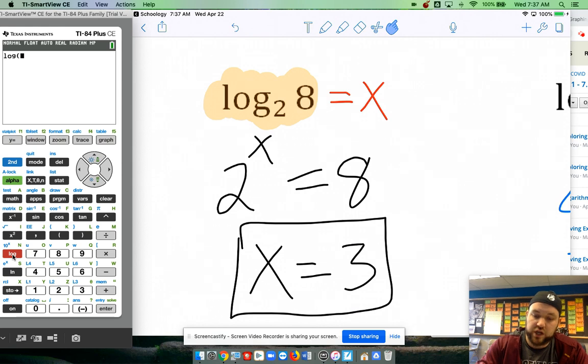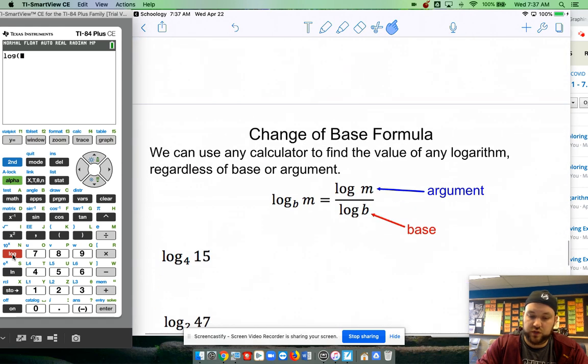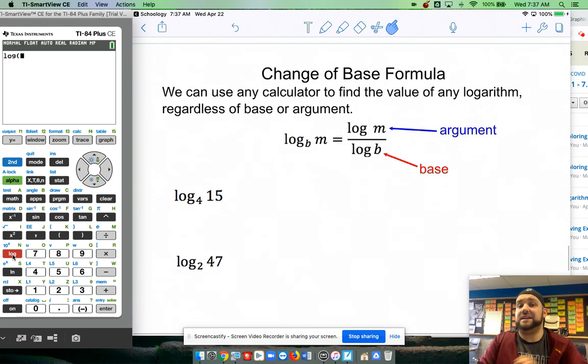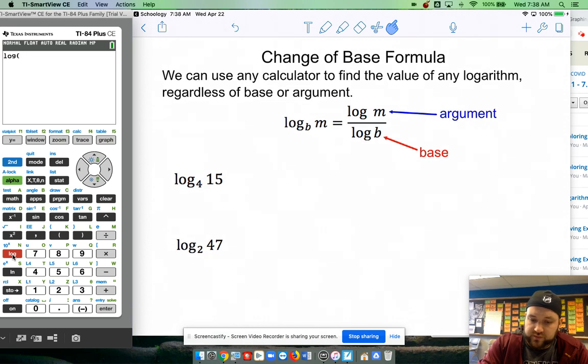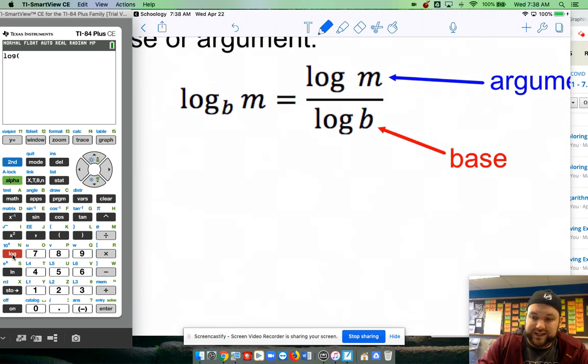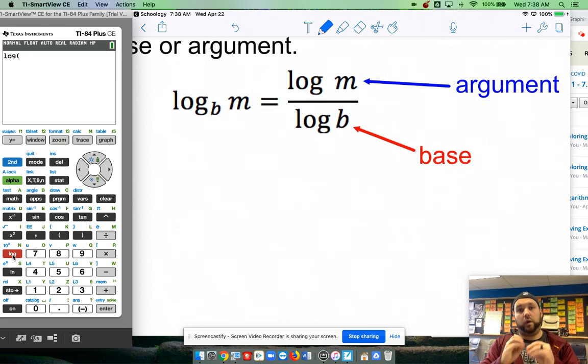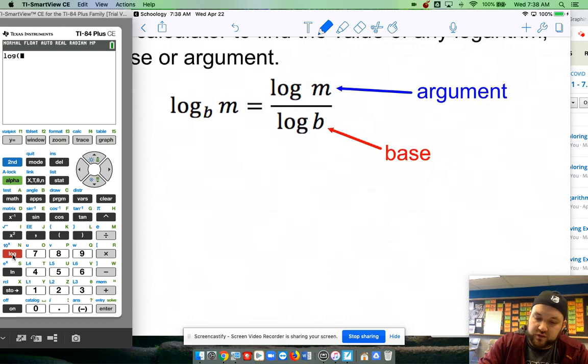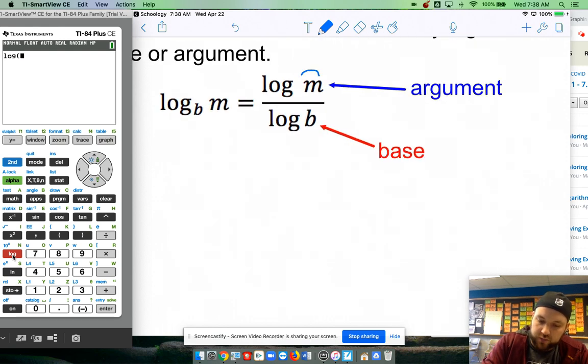So what the change of base formula allows us to do is it allows us to use any calculator we want to figure out, and I'm talking phone calculator too, a logarithm. So simply, all you're going to do is we have to break that one logarithm into two separate logs and divide.